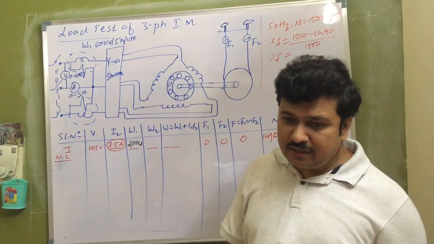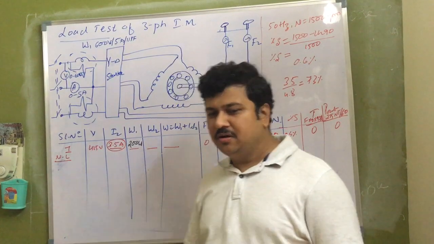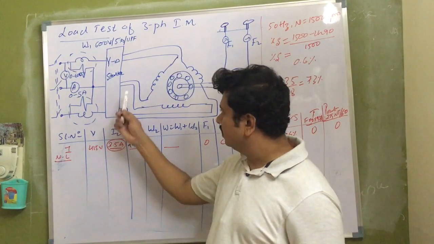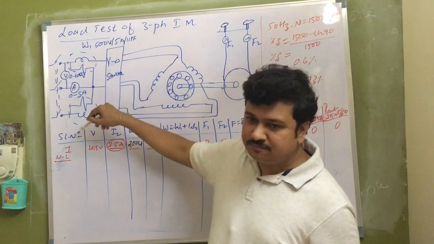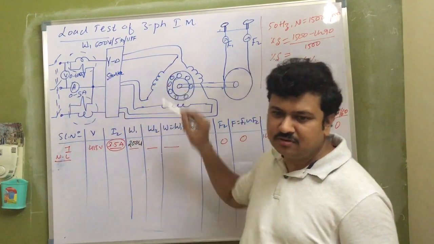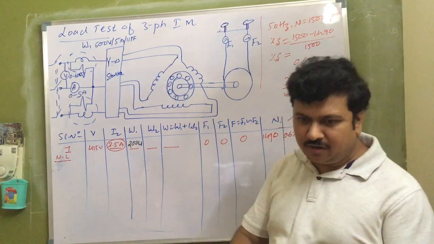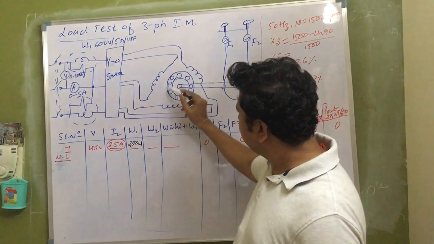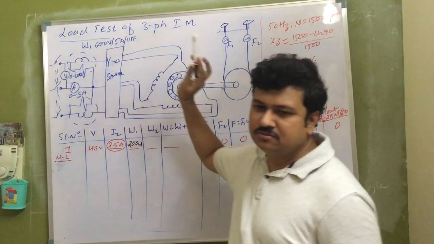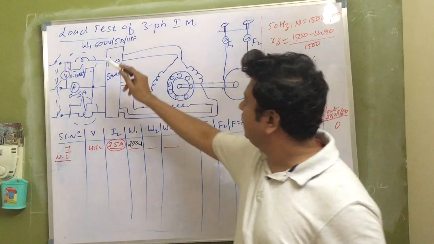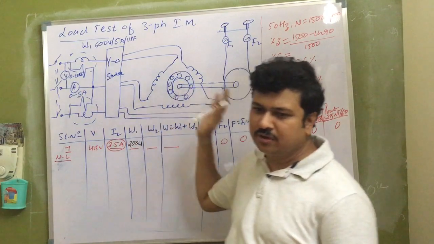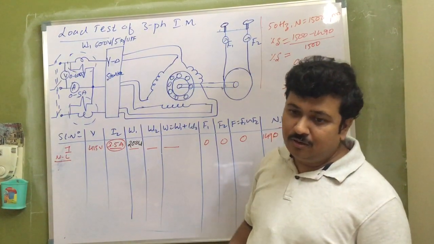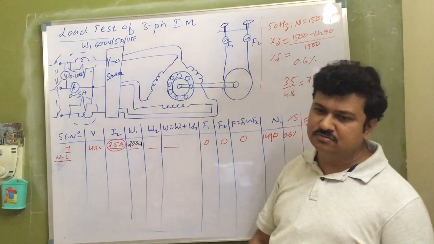So the readings of the wattmeter depend on the power factor of the load. Now what is the power factor of the load? For these wattmeters, the load is the induction motor, because the induction motor is drawing current from the source, and these wattmeters are measuring the power drawn from the source by this motor. Loads are different at various stages.